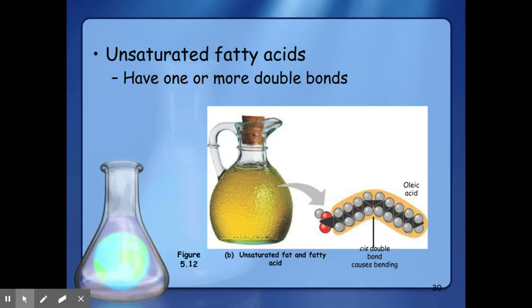Olive oil, canola oil, and vegetable oil would be examples of this. And again, you see that kinked structure, and this is the location of your double bond. Because of that double bond, there are not as many hydrogens as possible, creating that kink. So we would call that unsaturated.